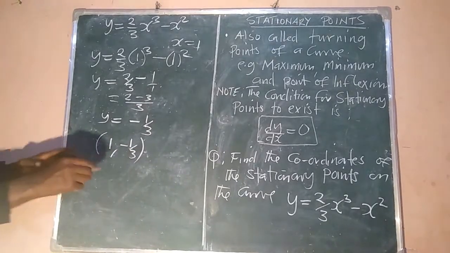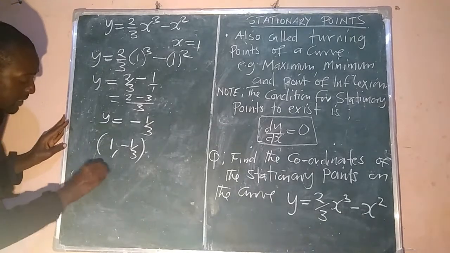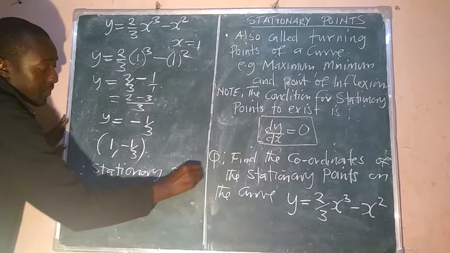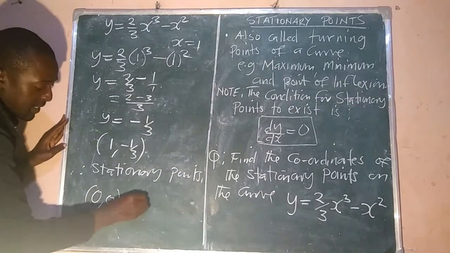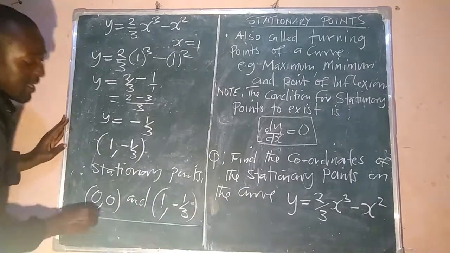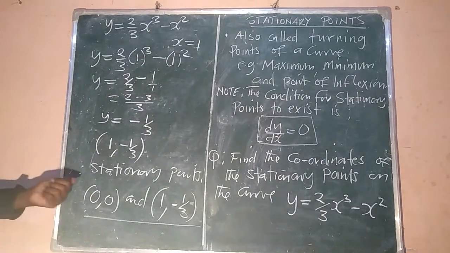So we have our two stationary points. Therefore, the stationary points are (0, 0) and (1, -1/3). So these are our stationary points. And this marks the end of our lesson. Thank you very much for your attention.